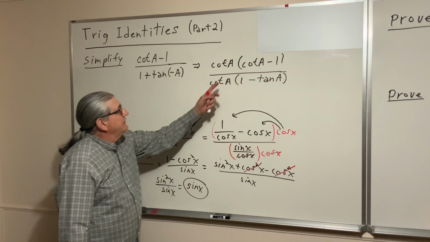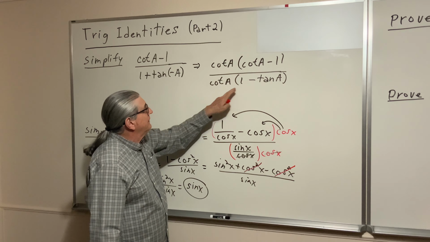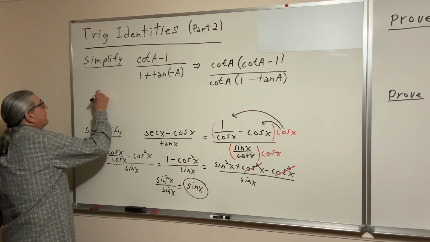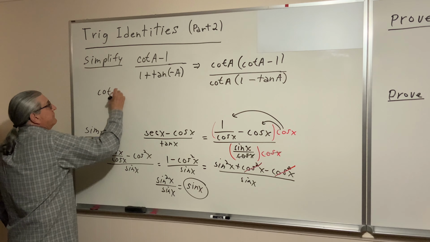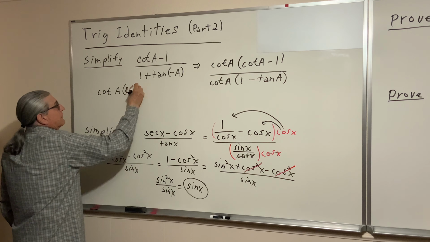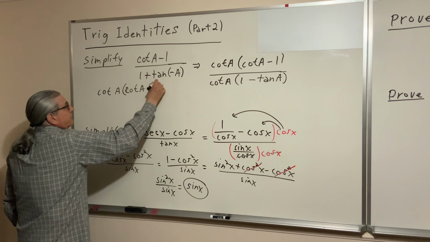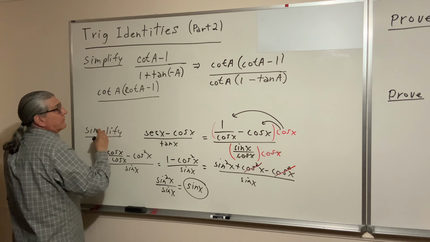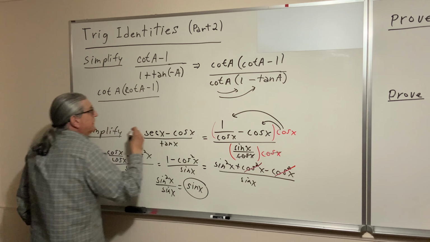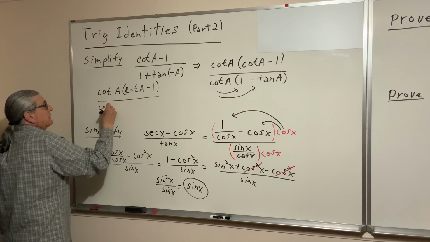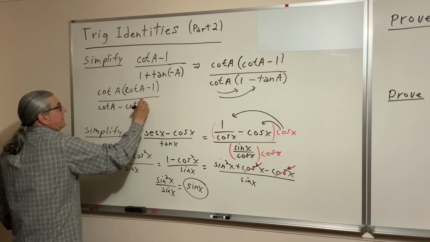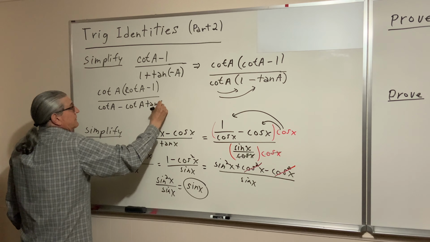Okay, so I'm going to leave the top alone because I think I can get this down here. When I multiply, I have just on the bottom, leave the top alone, the cotangent of A minus 1, all over. So I distribute this. I have the cotangent A minus the cotangent A tangent A.